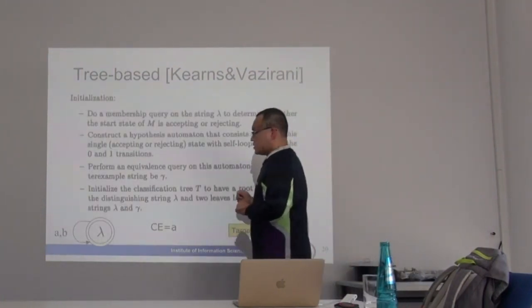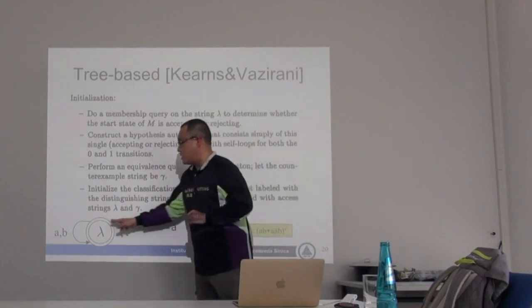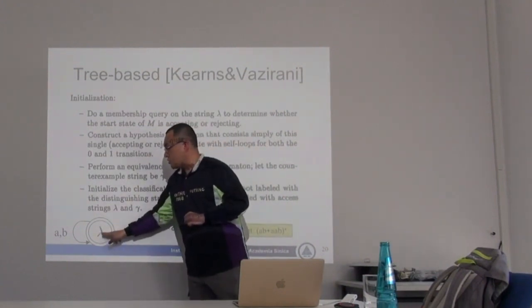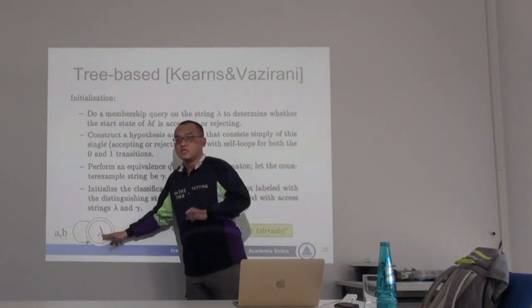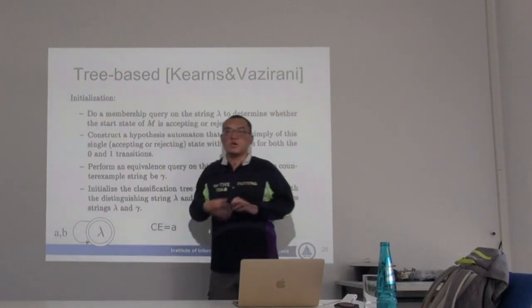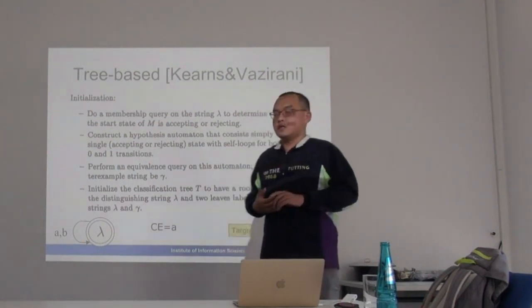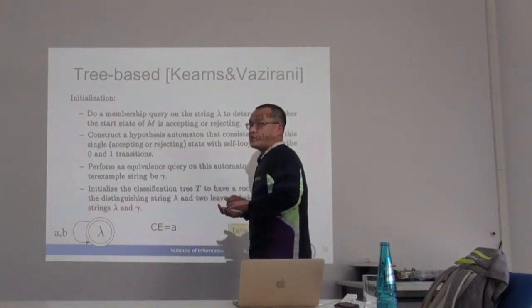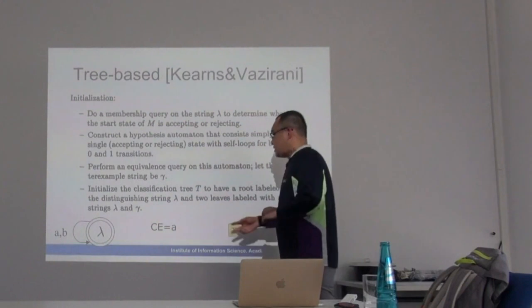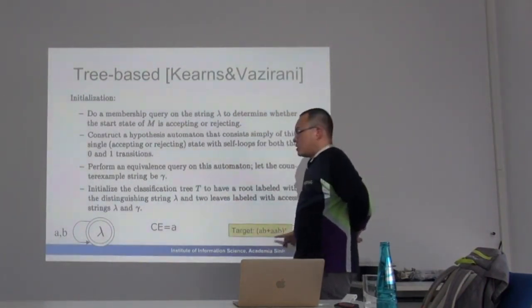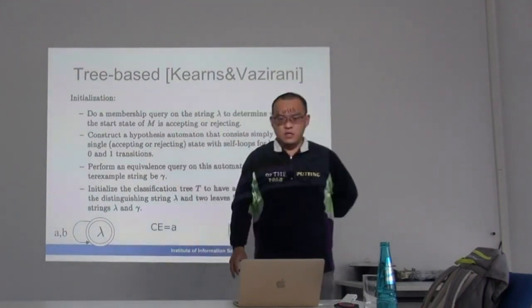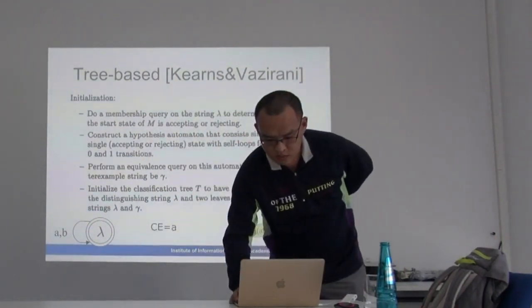At the beginning, it checks whether the empty string is in the language or not. If it is, then it creates an automata that accepts everything. Otherwise, it creates an automata that rejects everything. So we get the first example. In this case, it's A, because A is not in the target language, but it is accepted here.